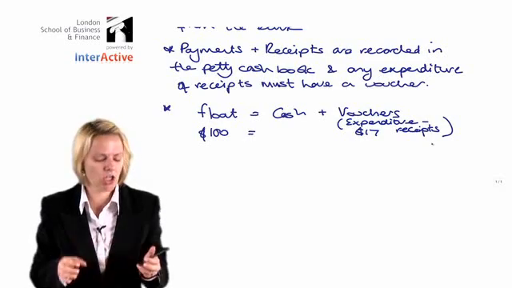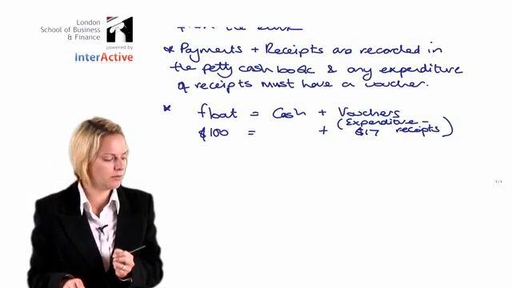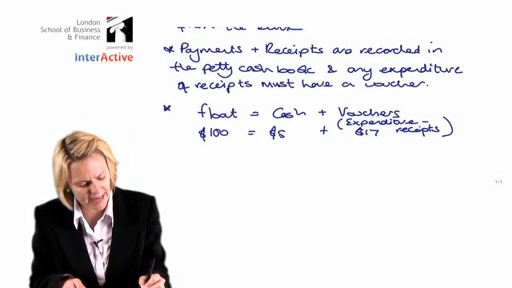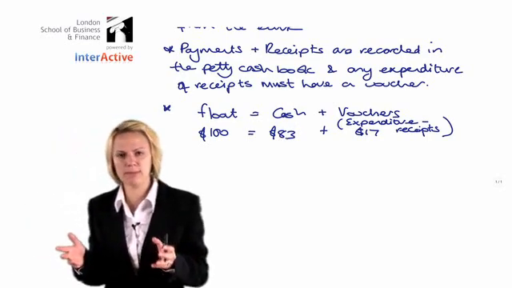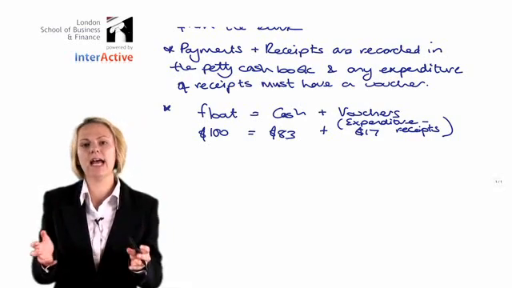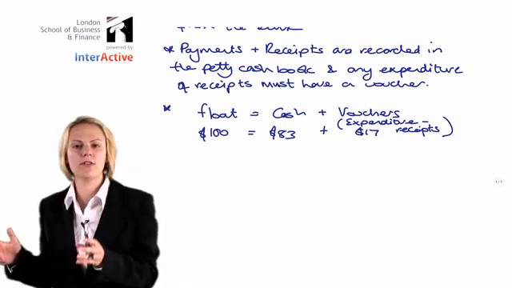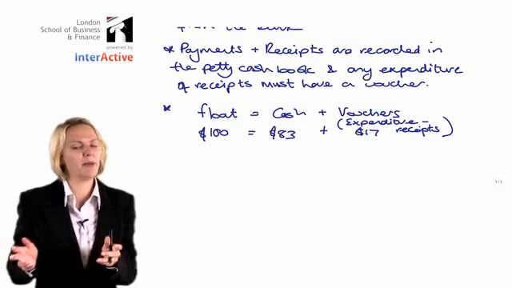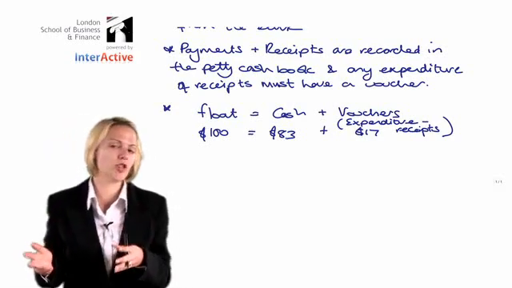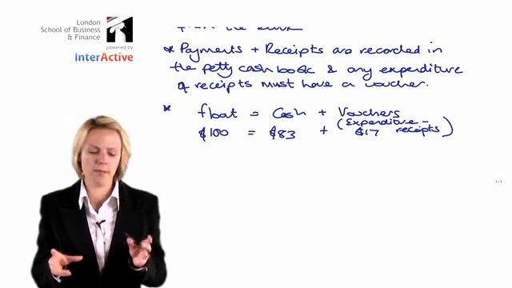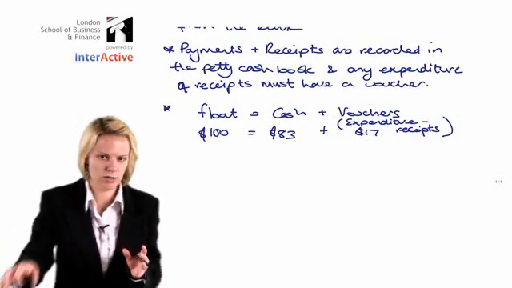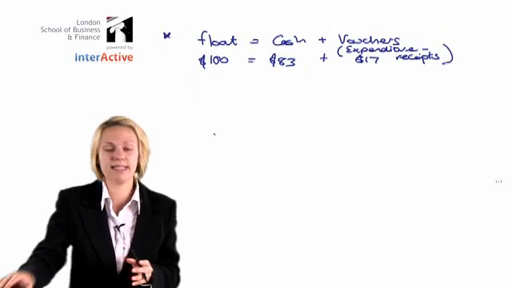Which means then that the cash left over would be the balancing figure, and that would be $83. So what is in the petty cash tin at the minute is $83 cash and $17 worth of vouchers that are kept for the expenditure on postage and refreshments. So you will always have that fixed level of float made up of cash and vouchers at any one time in the petty cash tin.